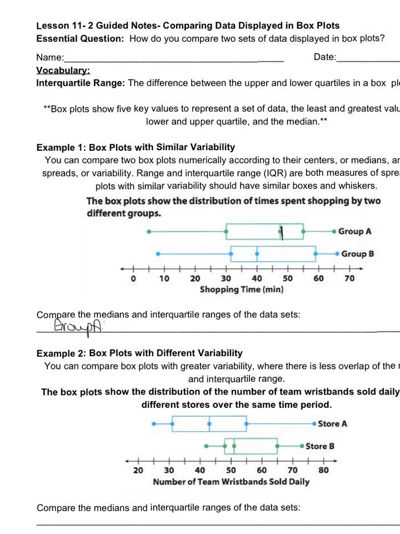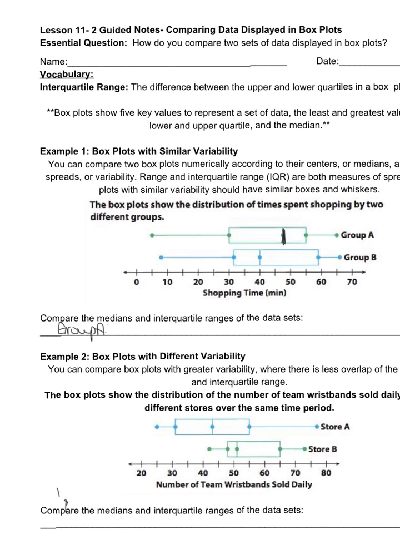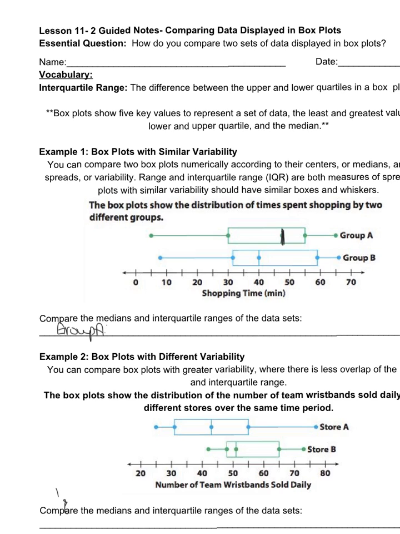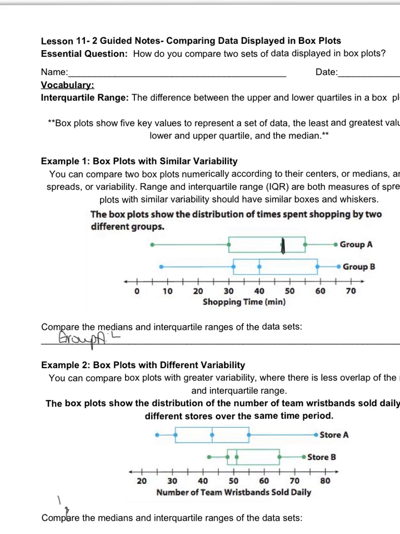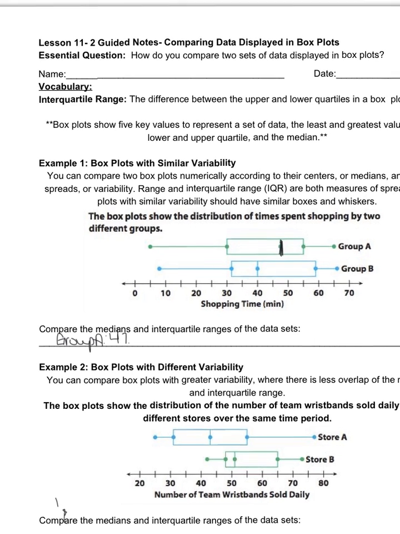And when we look at this line right here, I see that it kind of falls between 45 and 50. So I would have to say that between 45 and 50, the median is 47.5.